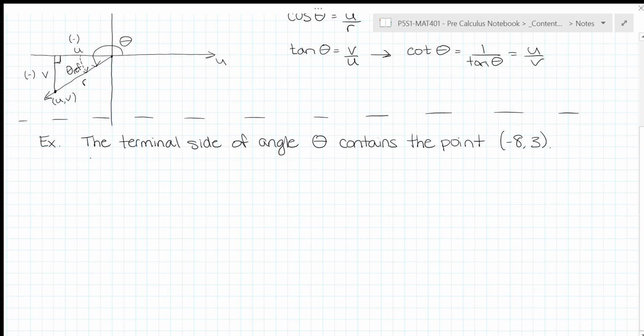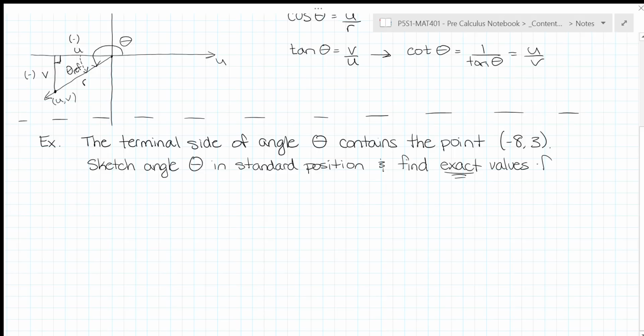So I want you to sketch angle theta in standard position. And then find exact values. So no decimal approximations here. When we say exact, it should be left as a fraction, square roots, everything in there, exact values for all 6 trig ratios.